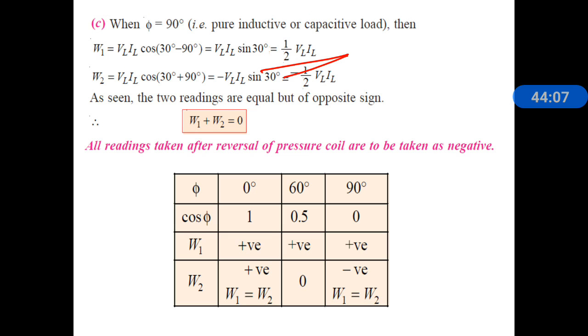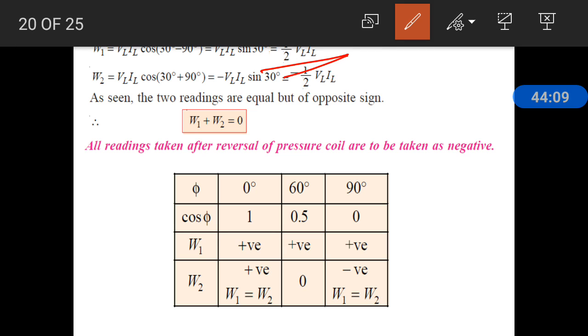Next is W2, VL IL cos(30 plus 90), that means cos 120. Cos 120 equals minus sin 30. So it reads minus VL IL sin 30, or minus 1 by 2 VL IL.